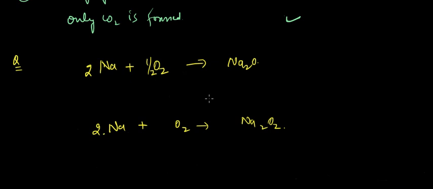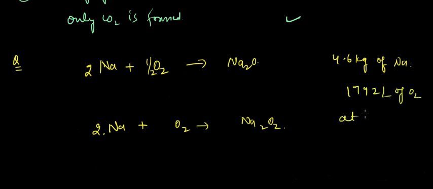And also the fact is known that Na2O can be converted to Na2O2 on exposure to air. Okay, so we'll keep that fact in mind, and we have to calculate the molar composition of the final mixture if 4.6 kg of Na reacts with 1792 liters of O2 at pressure equal to 1 atm and temperature equal to 273 Kelvin.